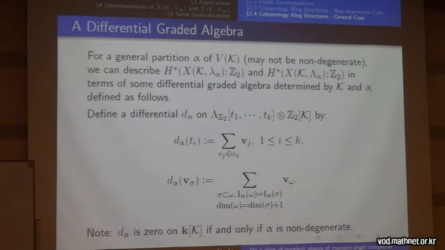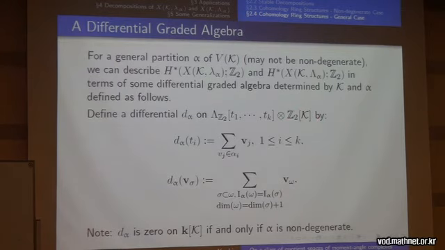And now I define the algebra that is used to describe the ring structure of these spaces, the cohomology ring of these spaces. Say we define a differential d alpha on the tensor of the exterior algebra with the face ring in this way.